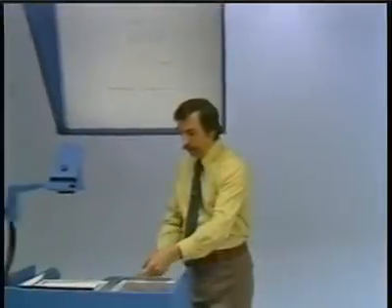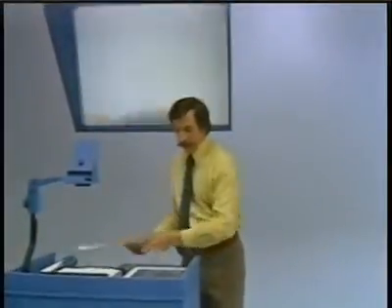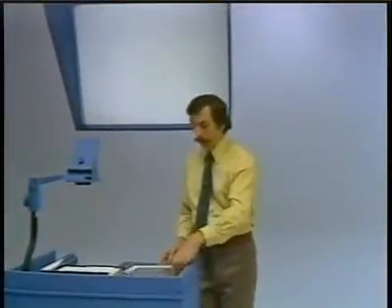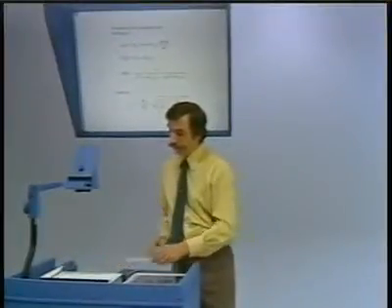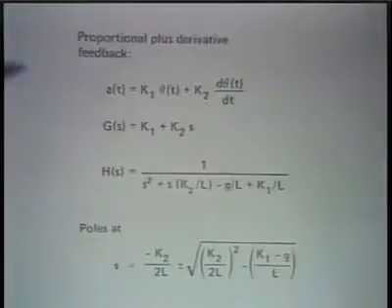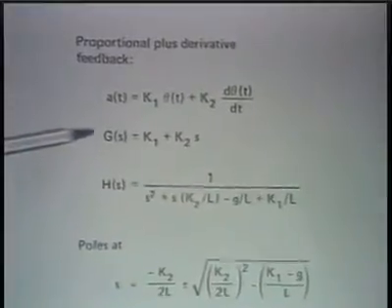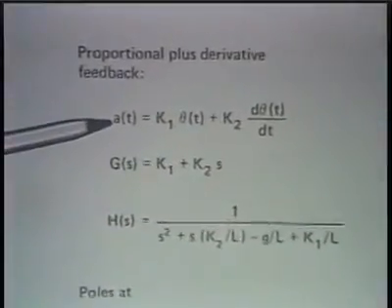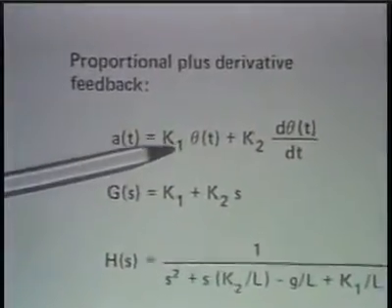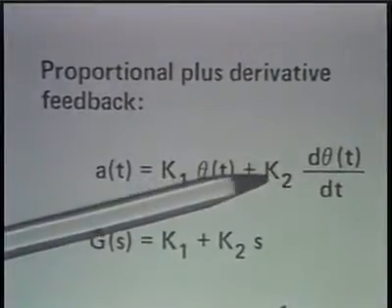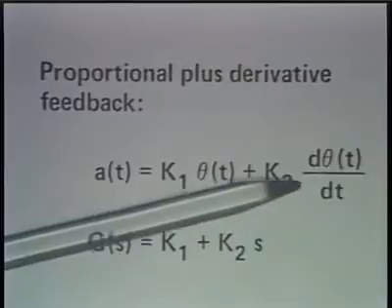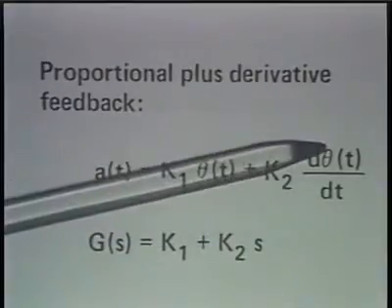Well, now what we want to examine is the use of proportional plus derivative feedback. In that case, we have a choice for the acceleration, which is proportional with one constant to the angle and proportional with another constant to the derivative of the angle.